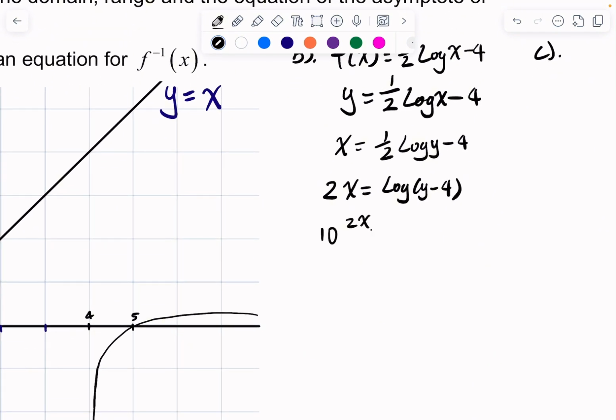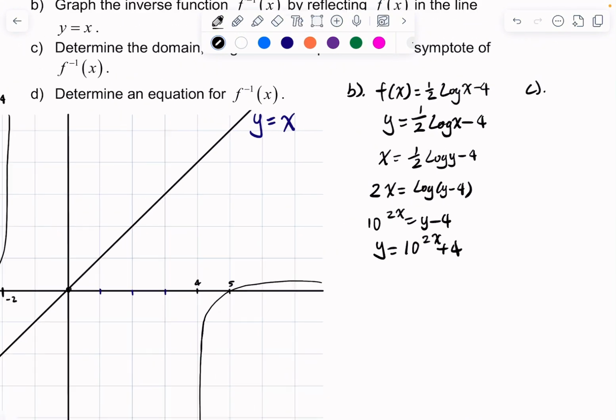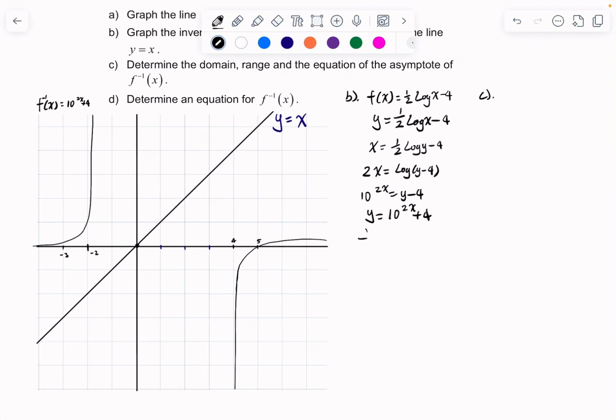And then rewrite it in exponential form. Then we get y equals 10 to the power of 2x plus 4. So the inverse of the function is 10 to the power of 2x plus 4. And here is the graph.